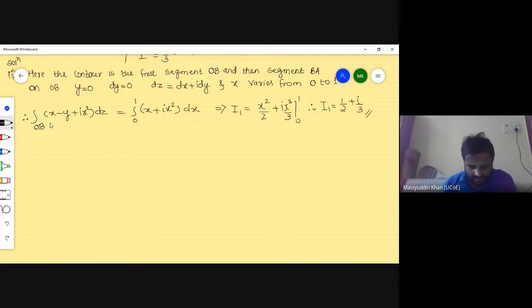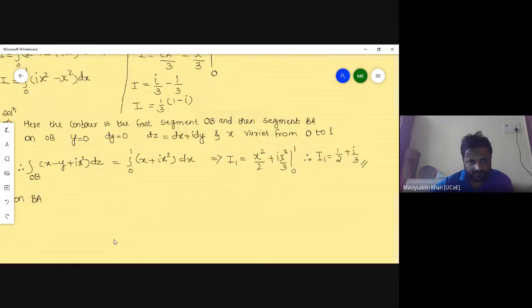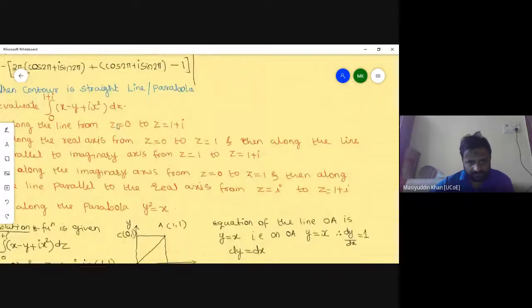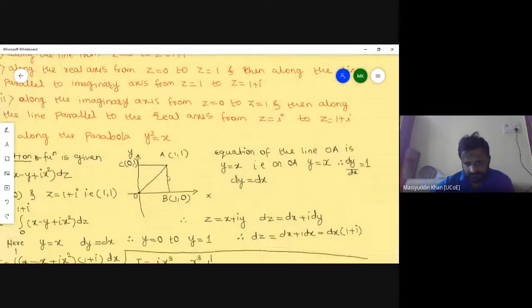Now on BA. Now the BA segment, if you look carefully here, you can see x is equal to 1, y is also equal to 1, and the point (1, 1) is here in the BA segment, and y varies from 0 to 1.